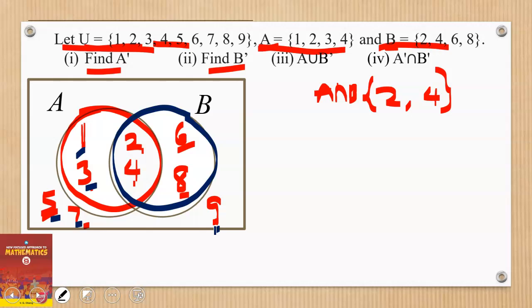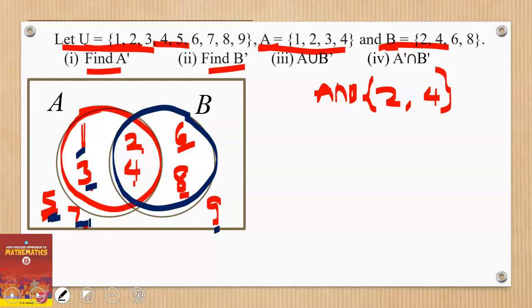If you want to find A union B complement, then that is the elements in A, which is 1, 2, 3, 4, union the elements outside B, which is 1, 3, 5, 7, and 9. So we can do this and answer the same question.